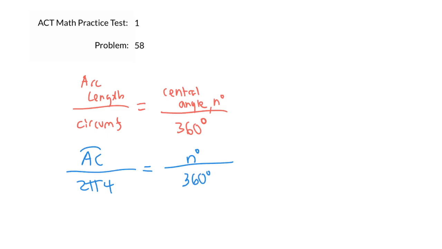And in a way, I kind of feel like we're getting closer to the answer because, yeah, we don't know what n is, but there's only 2 unknowns, whereas we definitely know these. I mean, that's going to be 8 pi. So I'm actually just going to rewrite it again so that we can very clearly see we have 8 pi down here, and then we have our n degrees, which we don't know what that is, but we have our 360, we do know what that is, right?